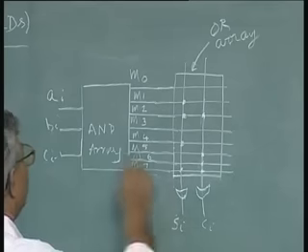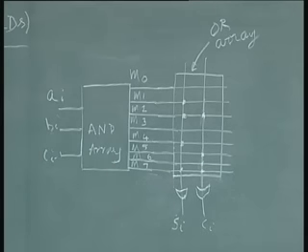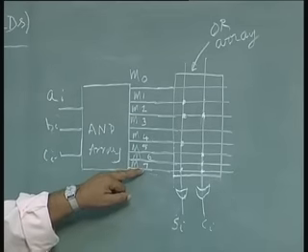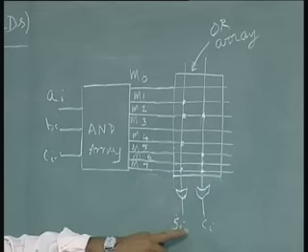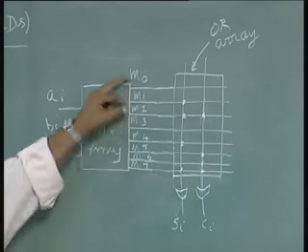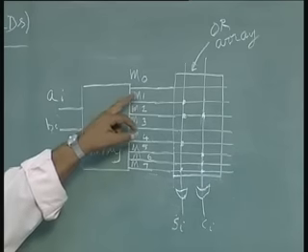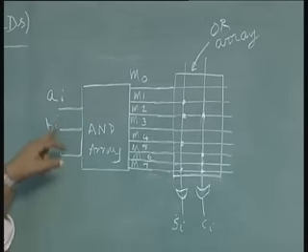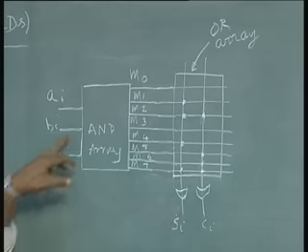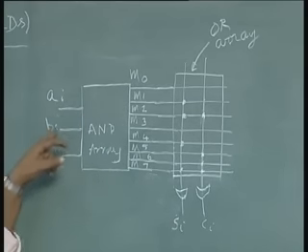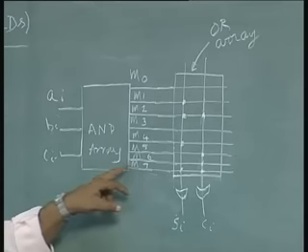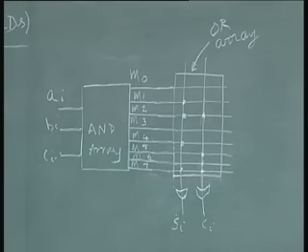So, with this array of AND gates, we are generating the minterms M0 to M7, and with this array of OR gates, we are generating Si and Ci, which are functions of the minterms M0 to M7, and these minterms are the combinations of A, B and C, that is A I, B I, C I minus 1 in this case. For example, we know that M0 is nothing but A I bar, B I bar, C I minus 1 bar. M1 is A I bar, B I bar, C I minus 1. M7 is, for example, A I, B I, C I minus 1.